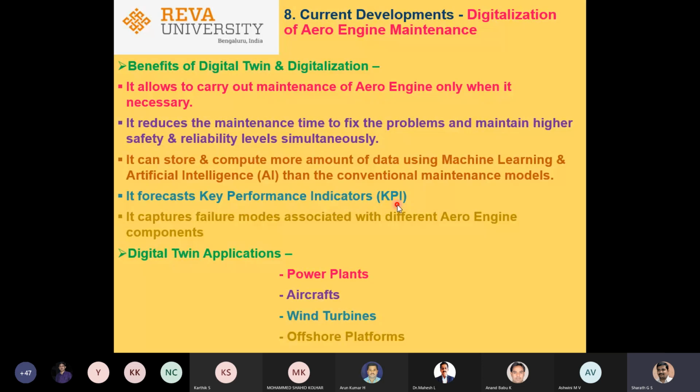And it captures failure modes associated with different aero engine components. It could be a compressor, a diffuser, a combustor, downstream, it could be an HPNG, HPT, LPNG, LPT, it could be exhaust, afterburner, such things.